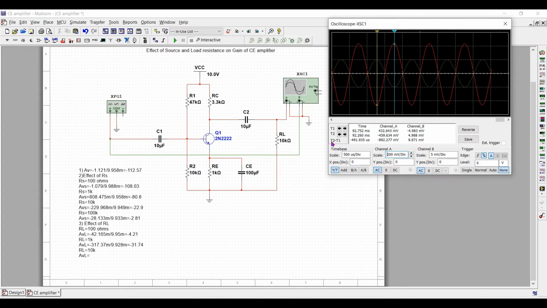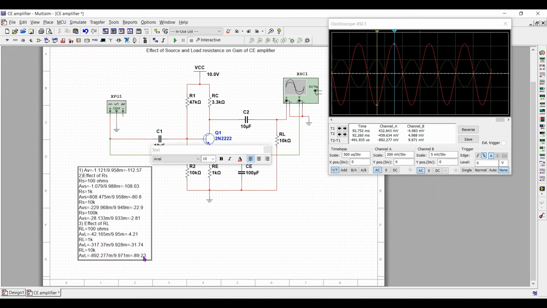So T2 minus T1 gives you the peak to peak value. So output is minus 892.277 milli divided by 9.971 milli. This comes out to be minus 89.23.